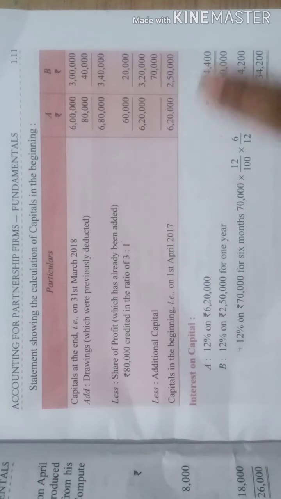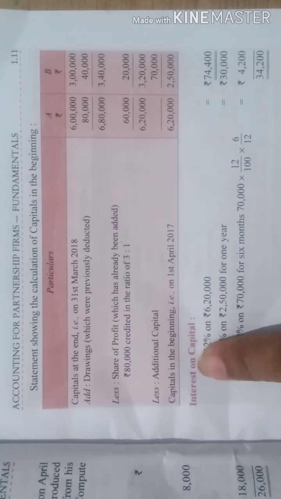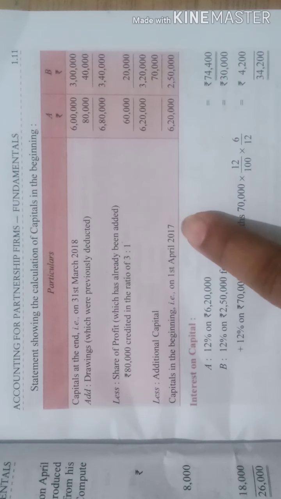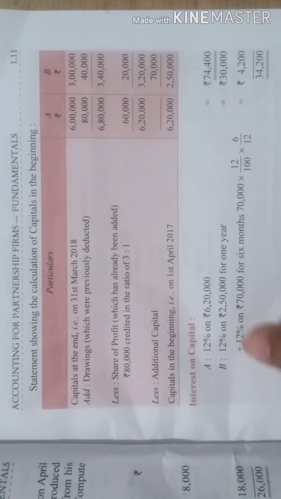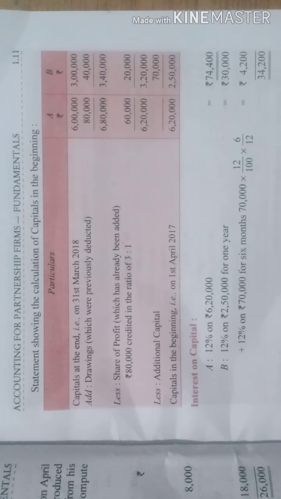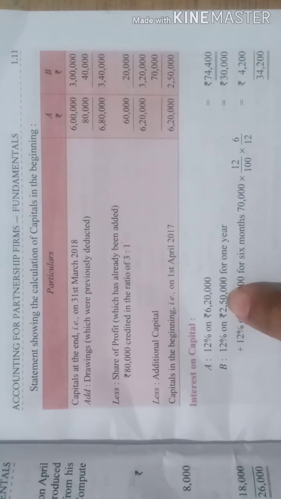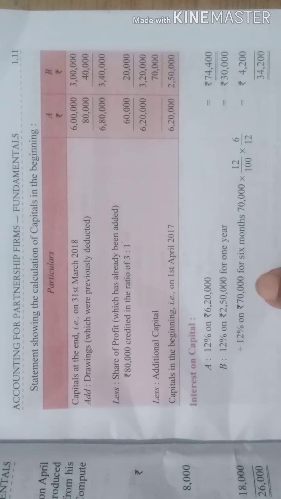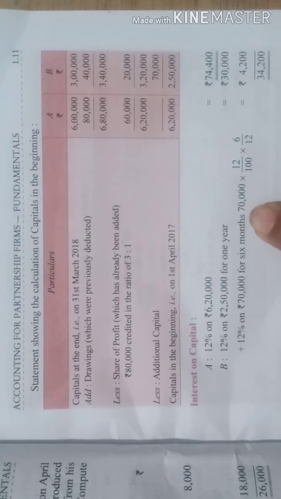Fine. Now the balance which we have received is the capital in the beginning of the year, that is 1st April 2017. Now we will give a rate of interest of 12%. So 12% on 6,20,000, 12% on 2,50,000.